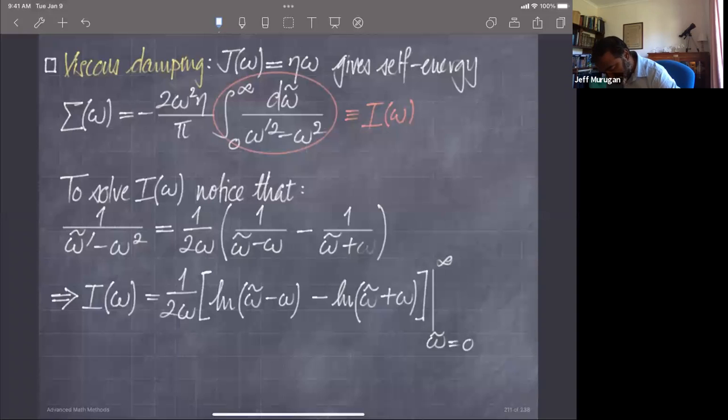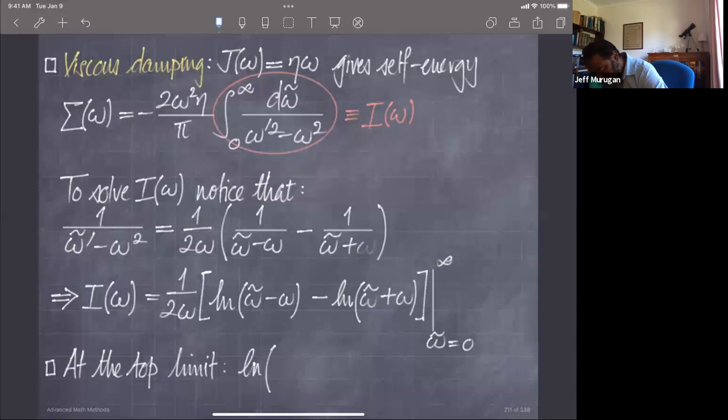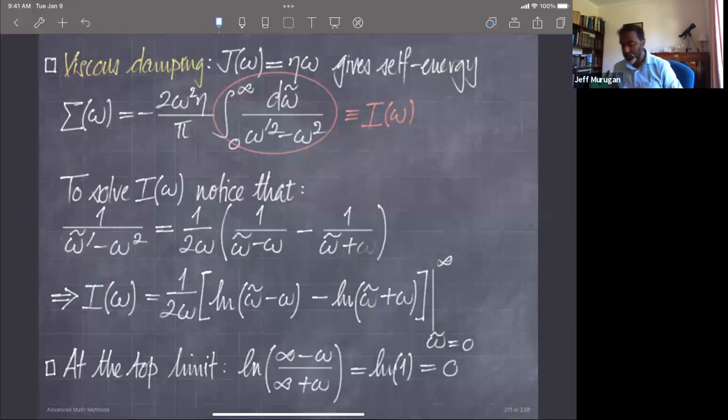So let's look at the limits. At the top limit, we get log of infinity minus omega over infinity plus omega, which is more or less log of 1, which is 0.